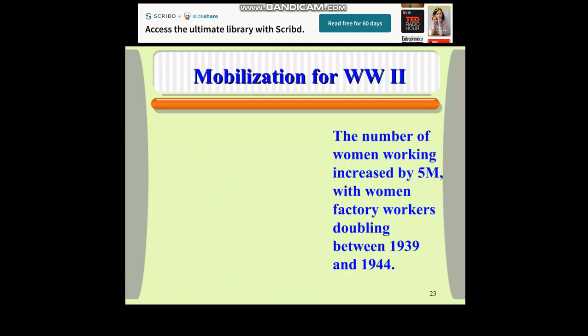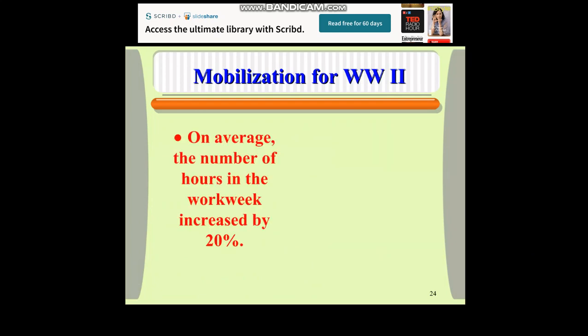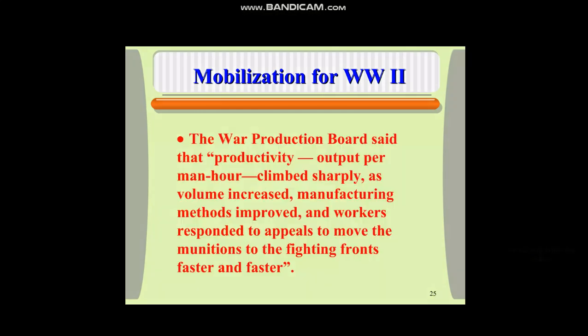The number of women working increased by 5, with women factory workers doubling between 1939 and 1944. On average, the number of hours in the work week increased by 20%.